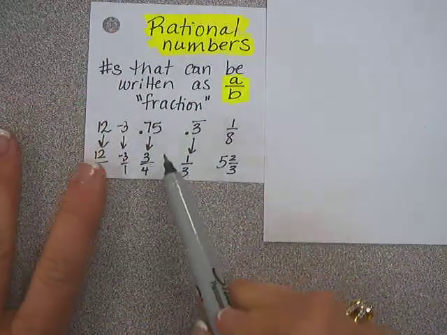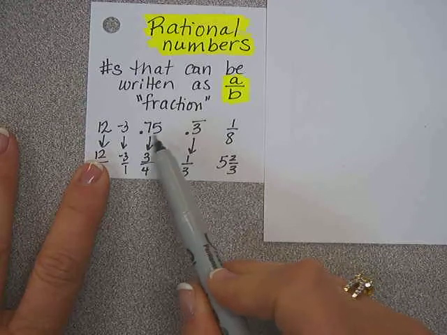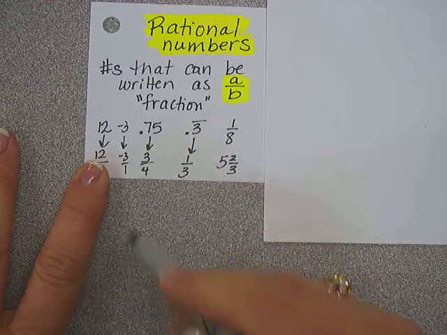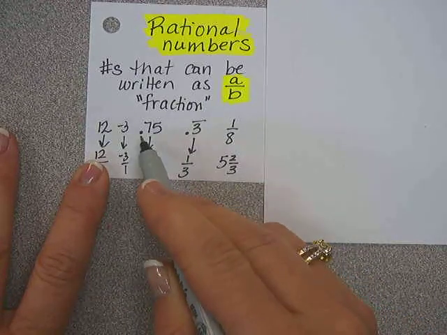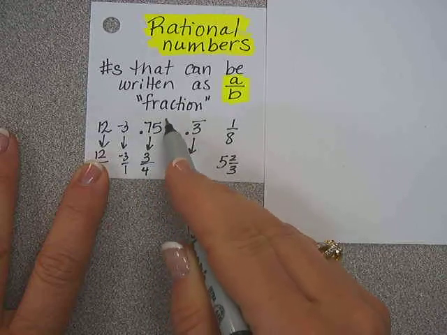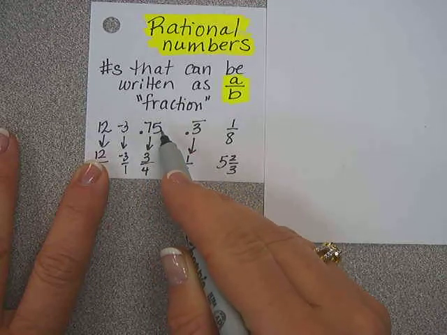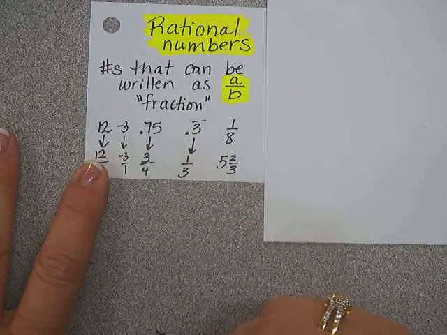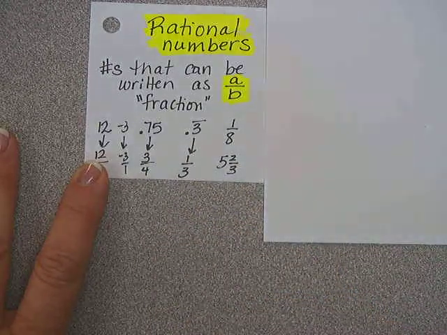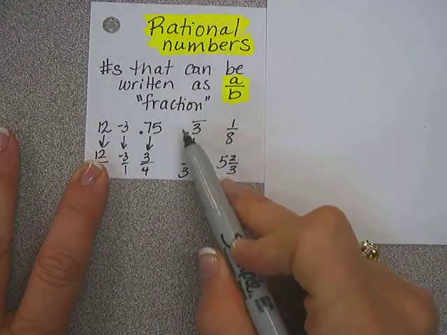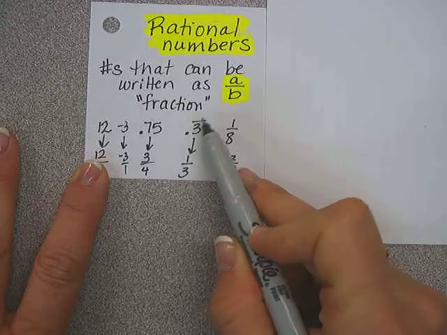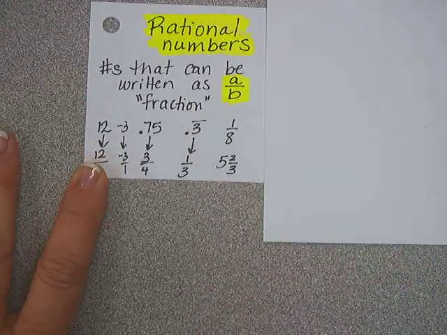But there's 2 other types of numbers that are also rational, and that's any decimal that terminates. So remember, a terminating decimal is a decimal that comes to an end. So 0.75 can be turned into 3/4. Also, any repeating decimal, like 0.3 repeating, is 1/3.